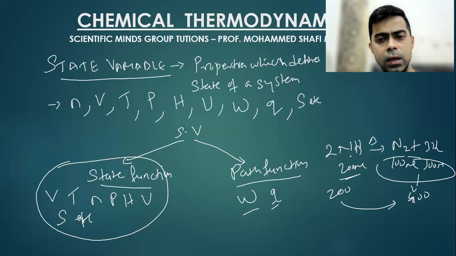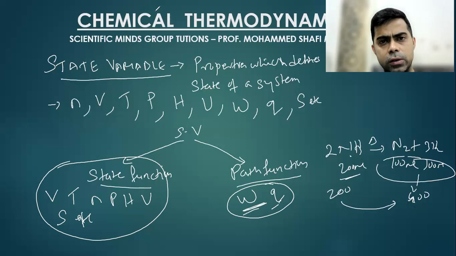So at that time I can say that work and heat depend upon the path followed, not upon the initial and final state. So path functions are work and heat, rest all are state functions.